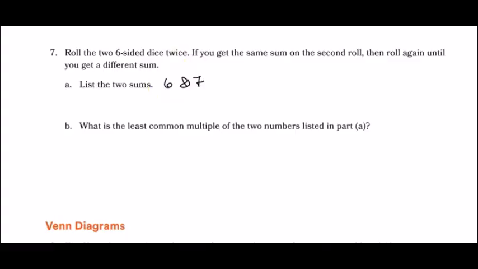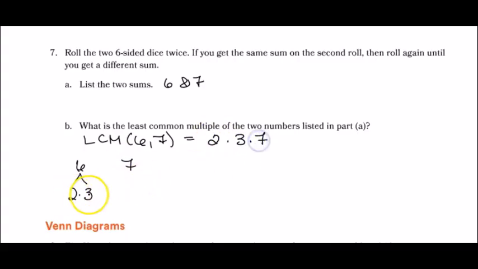And the least common multiple of 6 and 7: the prime factorization of 6 is 2 times 3, 7 is just 7, so it's going to be 2 times 3 times 7, and then look at the highest exponent. They're each 1, so 6 times 7 is 42.